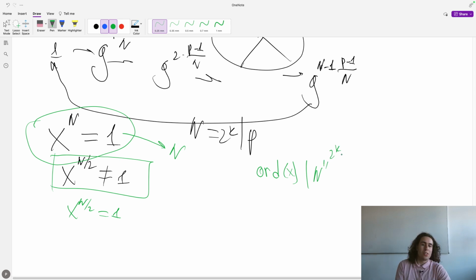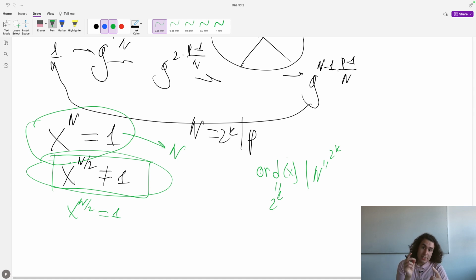So the order of x is also some power of 2. And if x to the power of 2 to the l is 1, then to all larger powers it's also 1. So if this number doesn't work for us, it means that x to some smaller power of 2 is 1, and then also x to the n half, which is the previous power of 2, is going to be 1. And we don't need that.